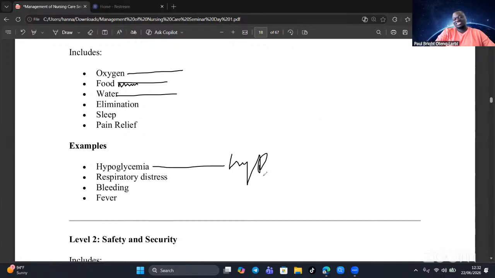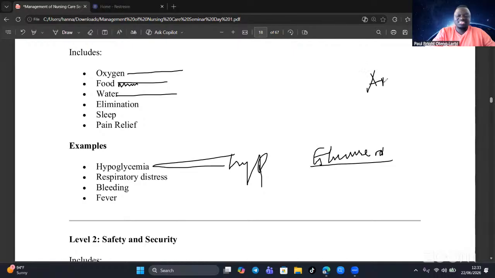So, a hypoglycemic patient needs what? He needs glucose to survive. You will not prioritize glucose over ABCD.